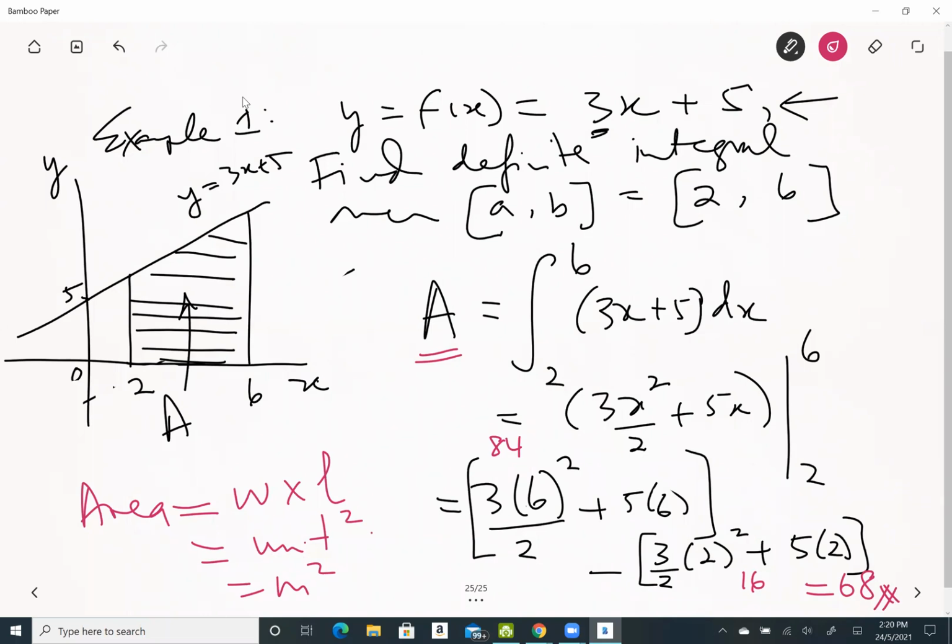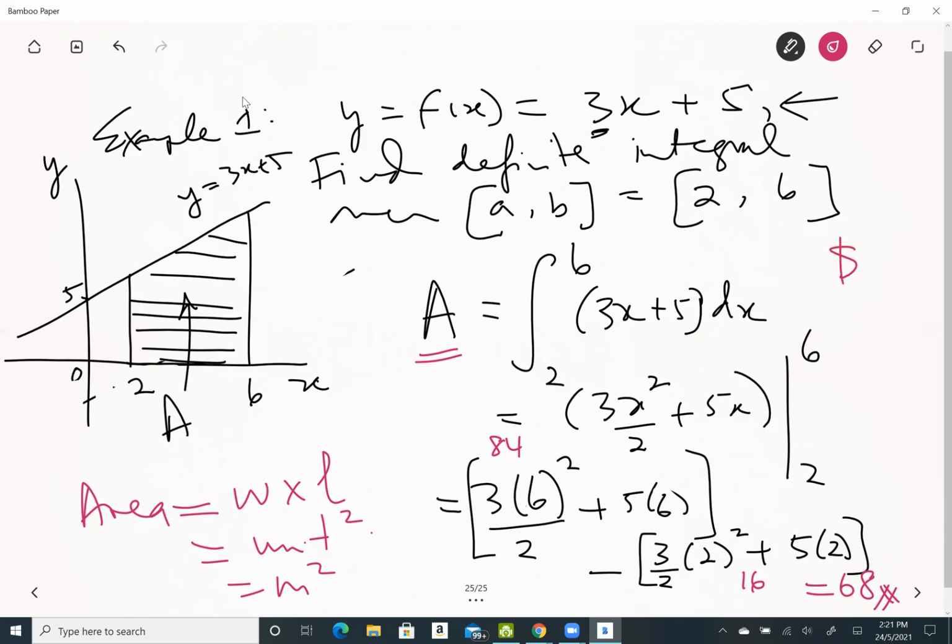But for us, you don't have to write the unit. People do not write the unit. You just write 68. In fact, an area should be unit squared, but normally we don't say it. We just say unit. Why? Because in application, suppose the unit of the area is dollars, you will get dollars.